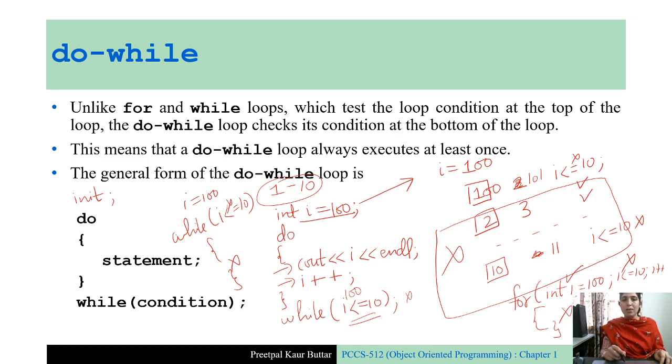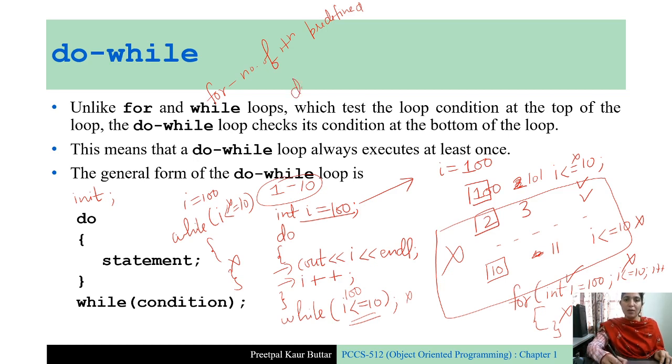Another difference between the for loop and the while and do while loops is that in the for loop, the number of iterations is predefined. It is already decided in advance how many times the loop will be executed.